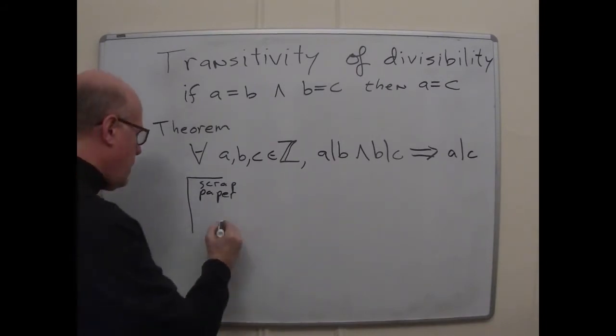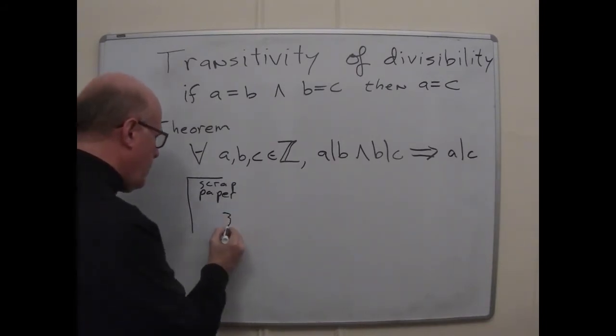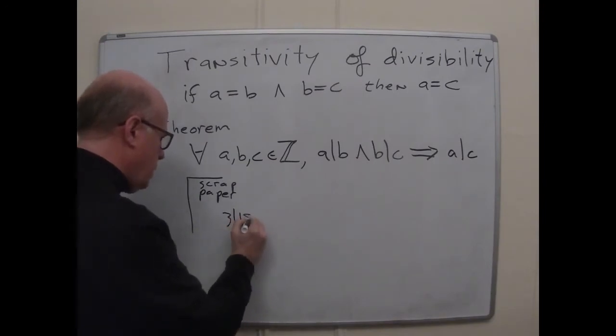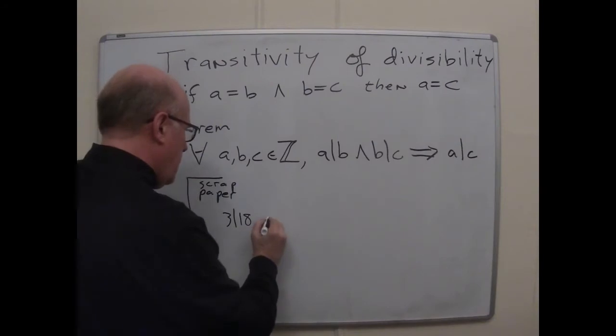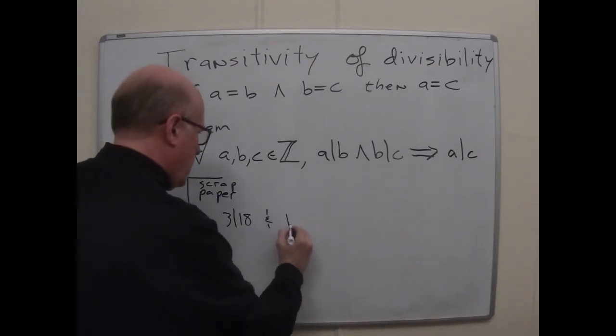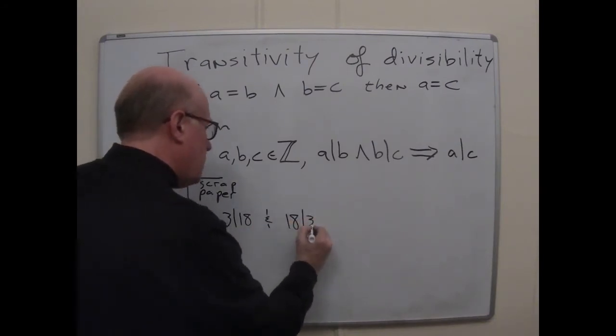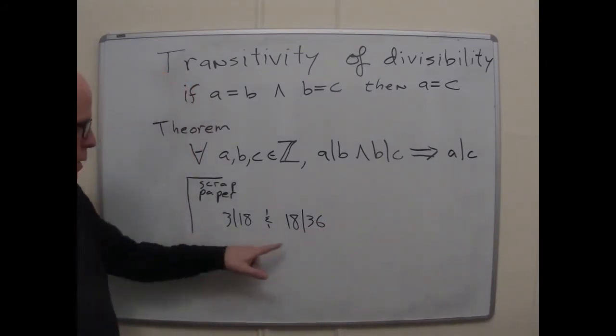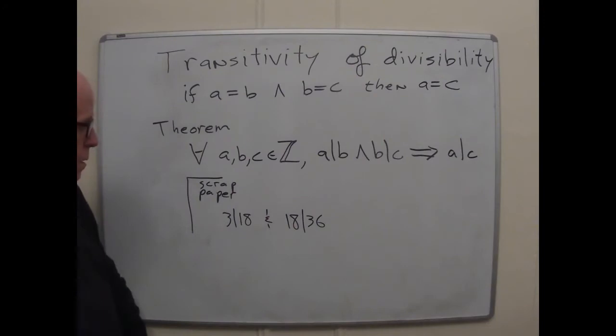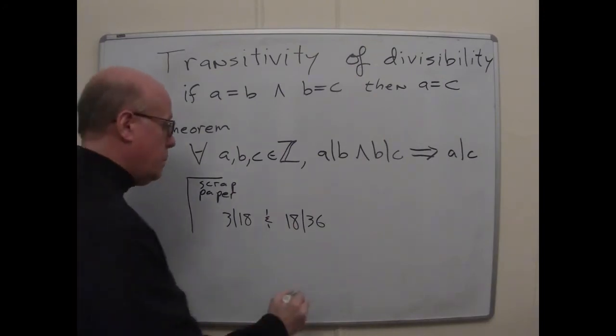How about, I don't know, 3 divides 18? Is that right? Should be. And 18 divides 36. That's the double of 18. But does 3 divide 36? Well, it does.